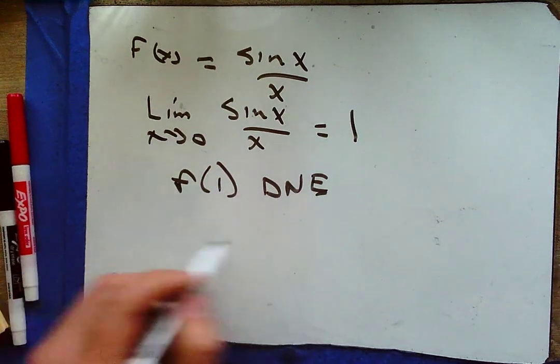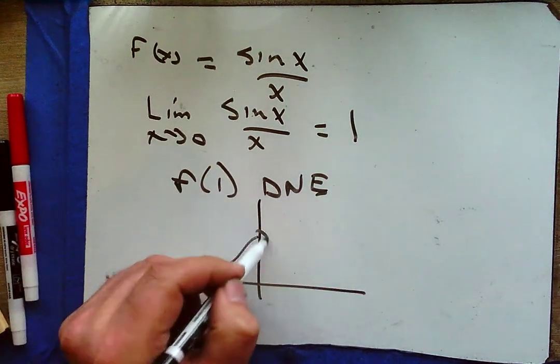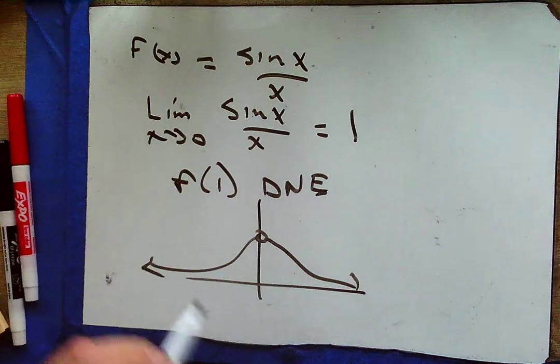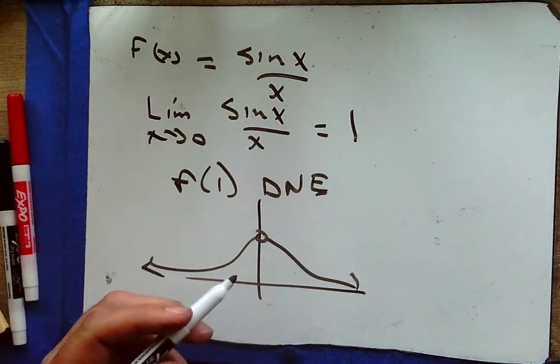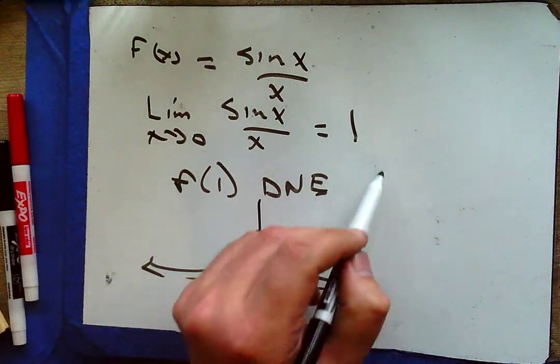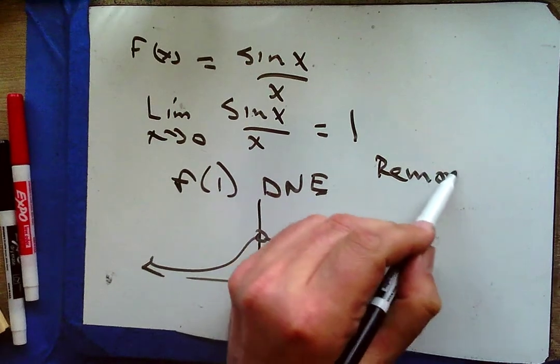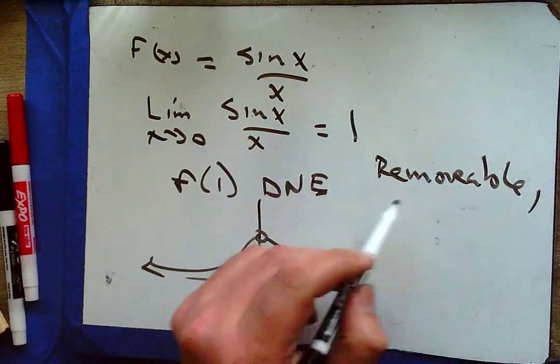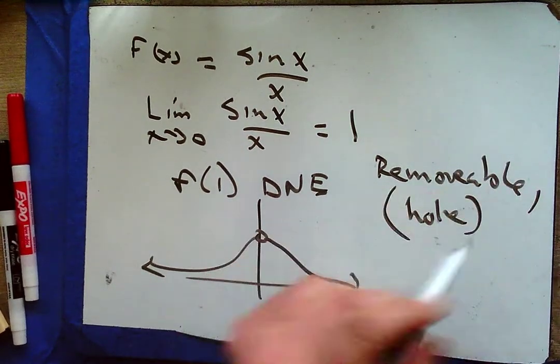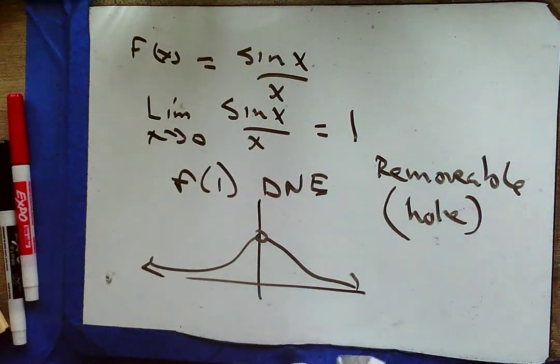So if we look at this graphically, this kind of situation. So what kind of point of discontinuity is this? This is removable. It's a hole. There's a hole at x equals 0.